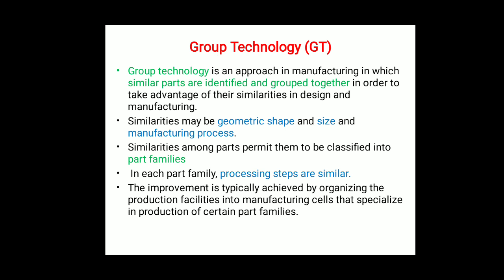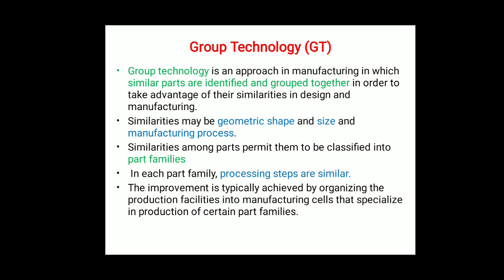So the similarities among the parts permit them to be classified again into part families in group technology. First of all, we are going to create some groups according to the geometrical size, shape and manufacturing process. Again we have to divide that group into part families, in which each part family has similar processing steps.